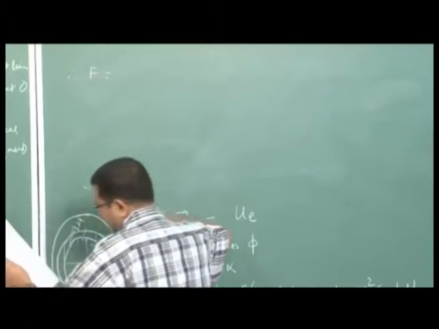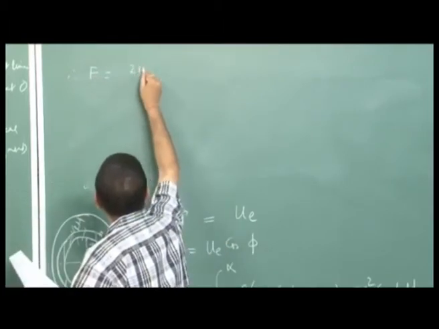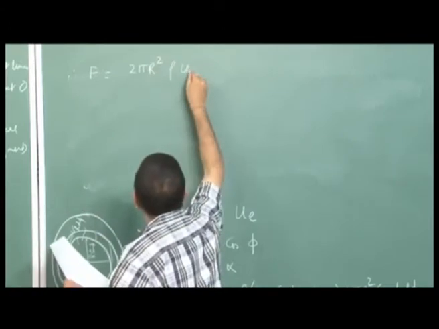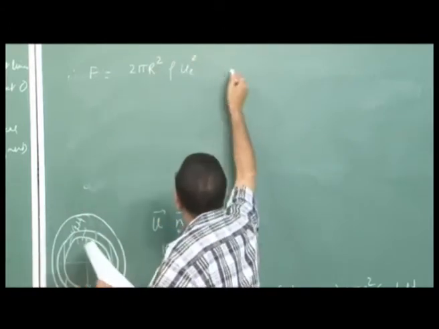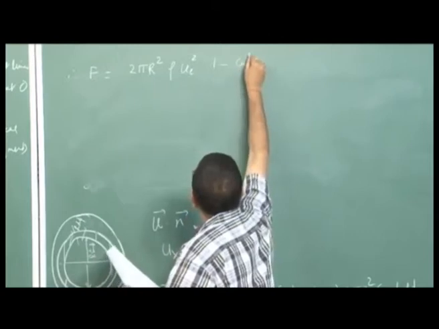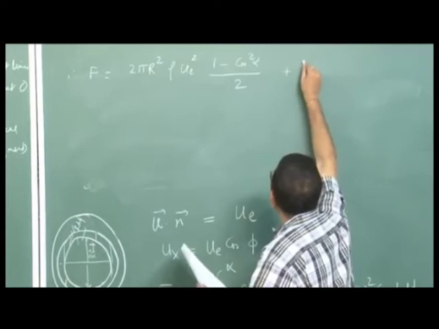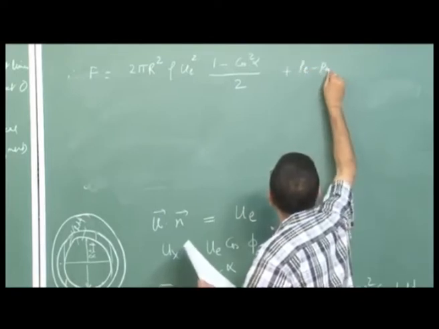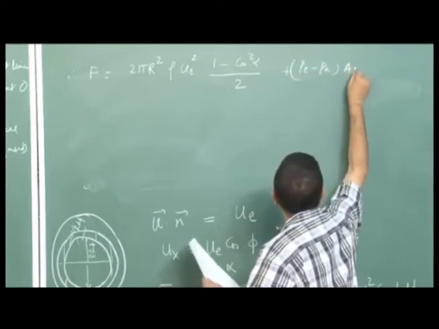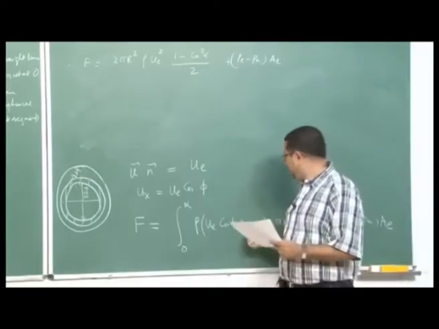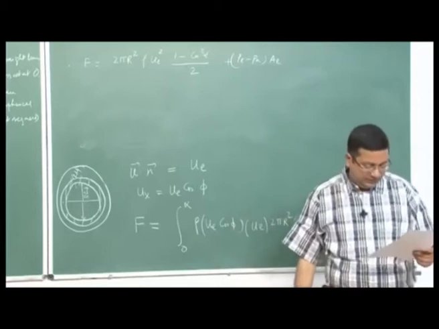After integration we get 2 pi r square rho u e square times 1 minus cos square alpha by 2, plus P e minus P a times A e. This term comes after integrating.